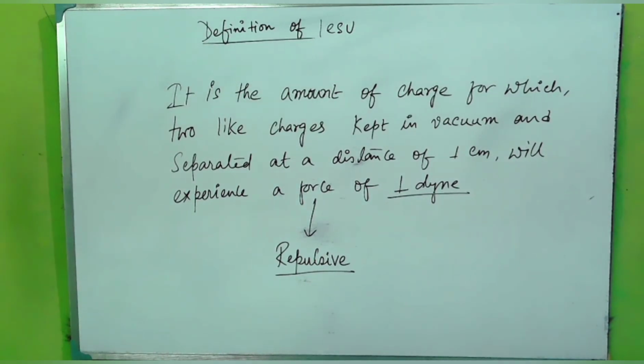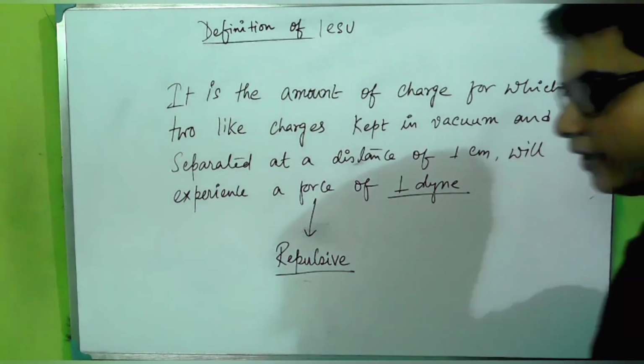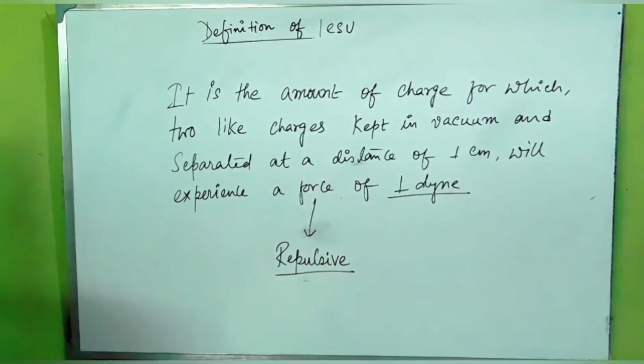Okay, so this is the definition of 1 ESU. It states that it is the amount of charge for which two like charges kept in vacuum and separated at a distance of 1 centimeter will experience a force of 1 dyne, and the nature of the force is repulsive. So hopefully you all have written that.